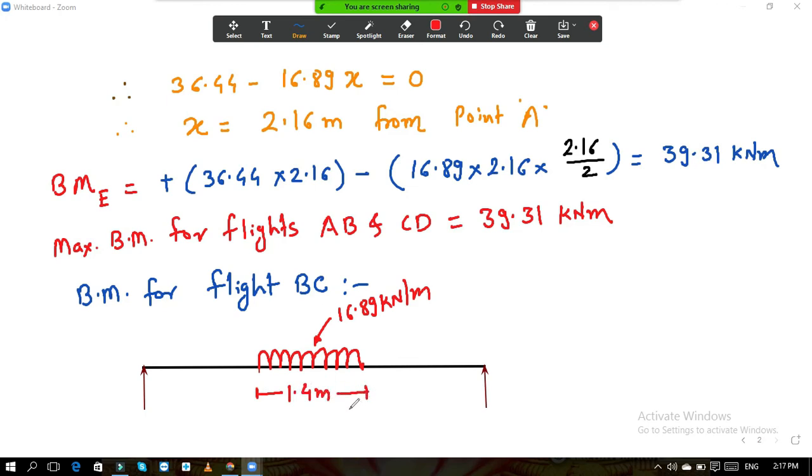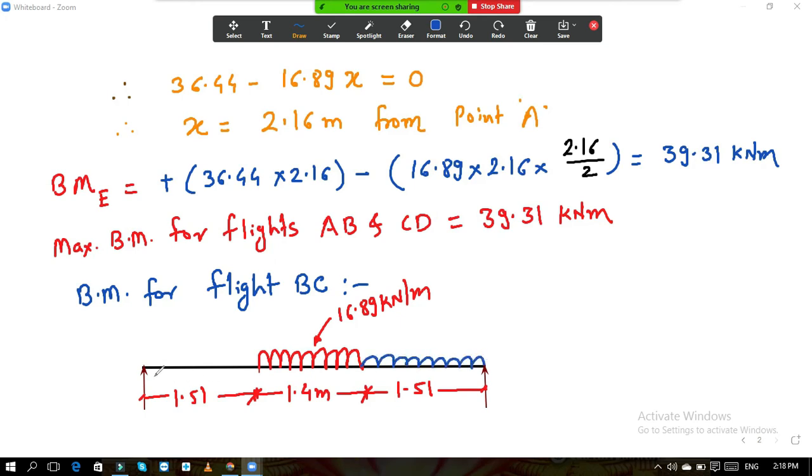Now again, what is the remaining distance? The remaining is 1.4 plus 0.23 by 2. It is again 1.51, and this side also it is the same 1.51. But the UDL is different.